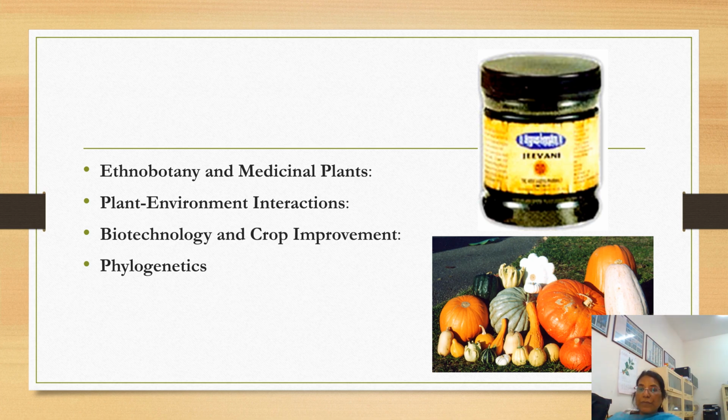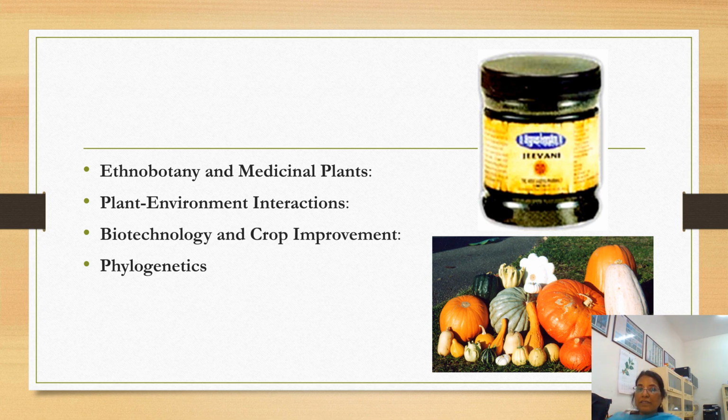The usage of plants for therapeutic purposes has been known from time immemorial, but the latest research has led us to use plants in developing nutraceutical, cosmetic and therapeutic products.